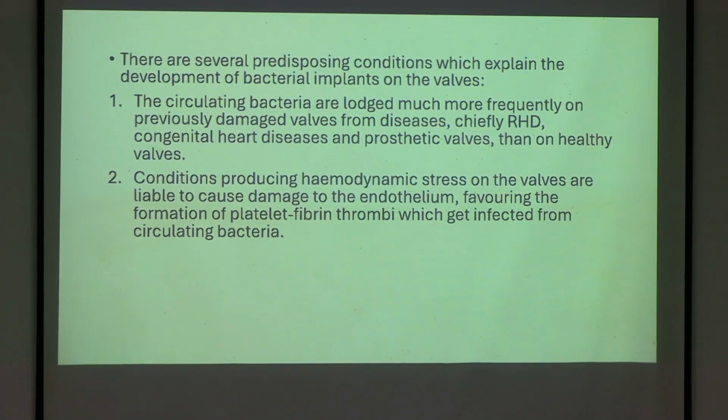So they produce hemodynamic stress in the valves, and ultimately form platelet fibrin thrombi there. Through the adhesion molecule, platelets and thrombi come and bacteria enter, and there the valve gets damaged. All three things come and damage the valve there, okay.